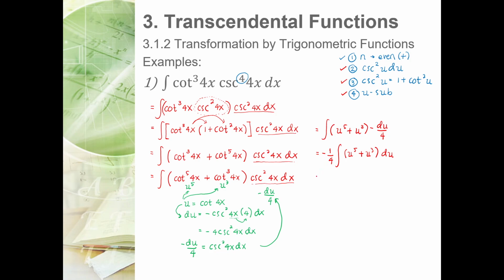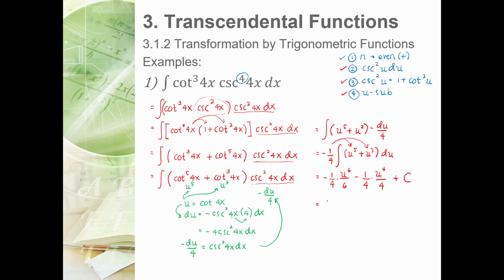Okay, now we can integrate, because this one is already a basic formula. Don't forget to multiply negative 1/4 to each of the integrated terms. First is negative 1/4 times u to the power of 6 all over 6, then negative 1/4 times u cubed, which gives u to the power of 4 all over 4, plus c.